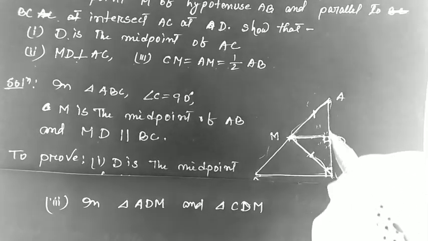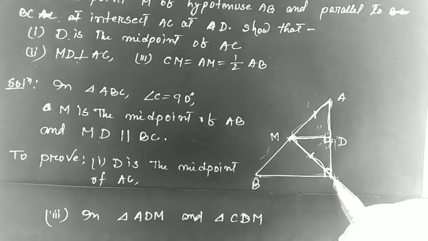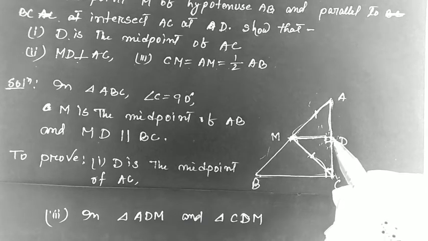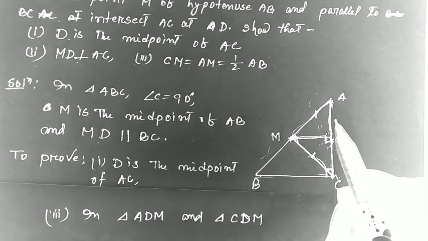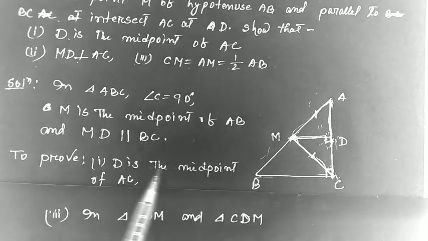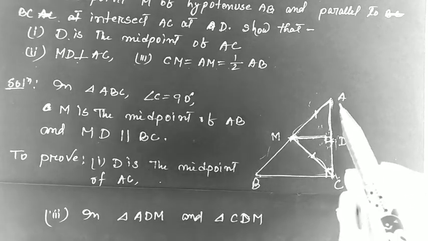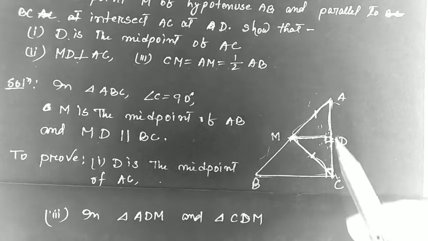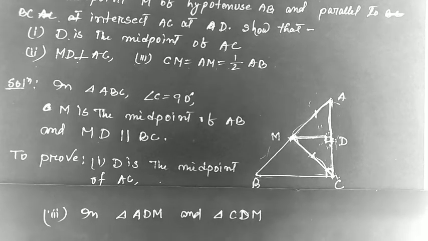So now see, in these two triangles, we want to show AD and DC are equal. Why? Because D is the midpoint of AC. We have proved this in question number one here. This is the midpoint of AC. In one number we have already proved it. So we can write AD is equal to DC.